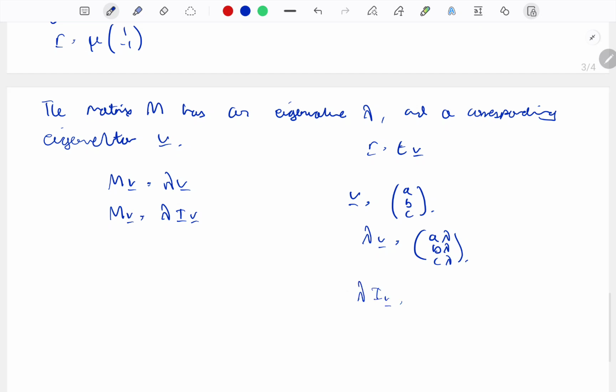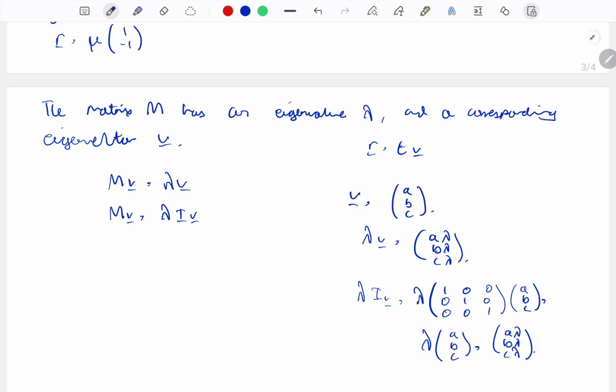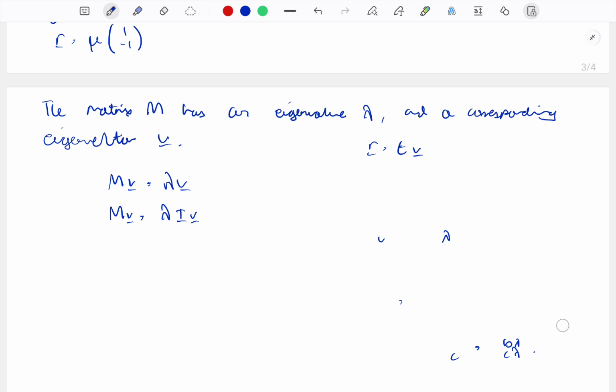Lambda IV is equal to lambda multiplied by the identity matrix (1, 0, 0; 0, 1, 0; 0, 0, 1) times (A, B, C), which is lambda (A, B, C), which is (A lambda, B lambda, C lambda). So we can conclude that MV is equal to lambda IV. So if we take everything to the left, M minus lambda I, V is equal to O.